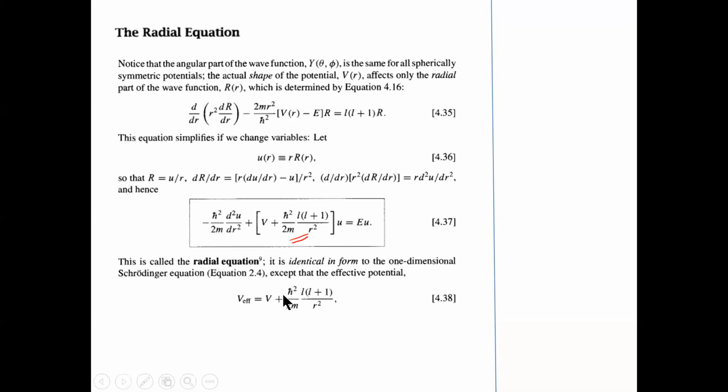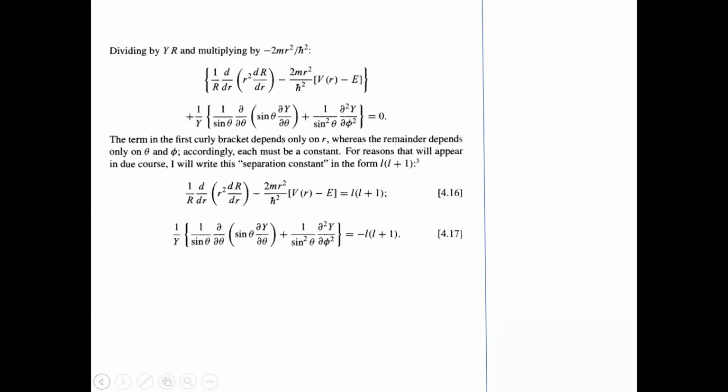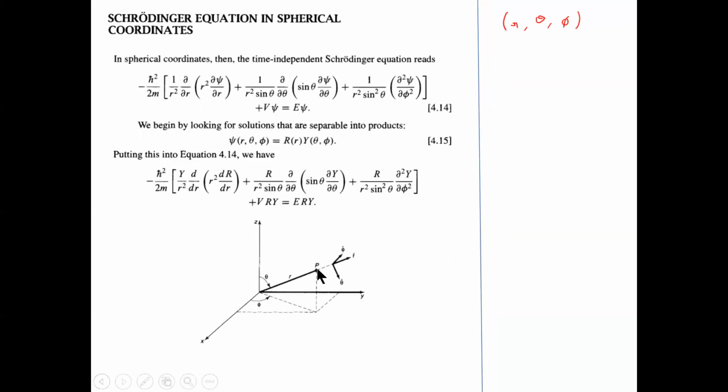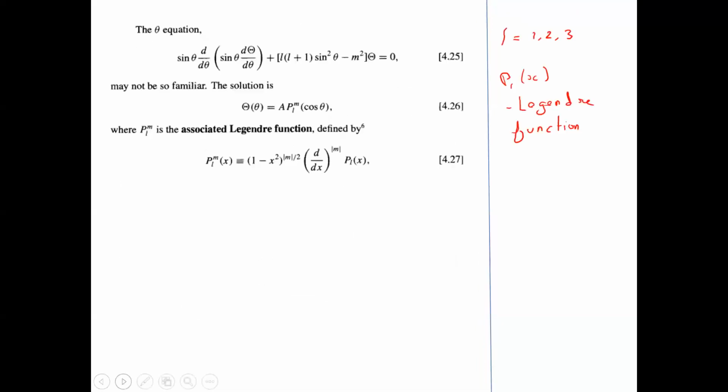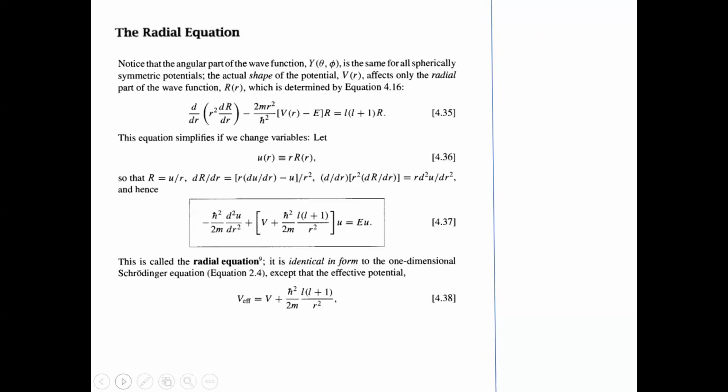V is the potential, and this extra term here is due to the fact that, if we go back to the diagram, this is the radial term. When there is radial motion, there is a centrifugal force, because of which there is a centrifugal potential. So that extra term denotes the centrifugal potential.